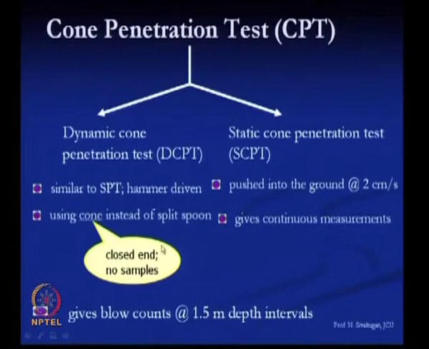So this is the basic difference: although both are hammer driven, in SPT we can collect the soil sample from a desired depth, and in the dynamic cone penetration test we cannot. And SCPT gives the continuous measurement of the soil resistance. The dynamic test gives blow count at intervals of 1.5 meters.